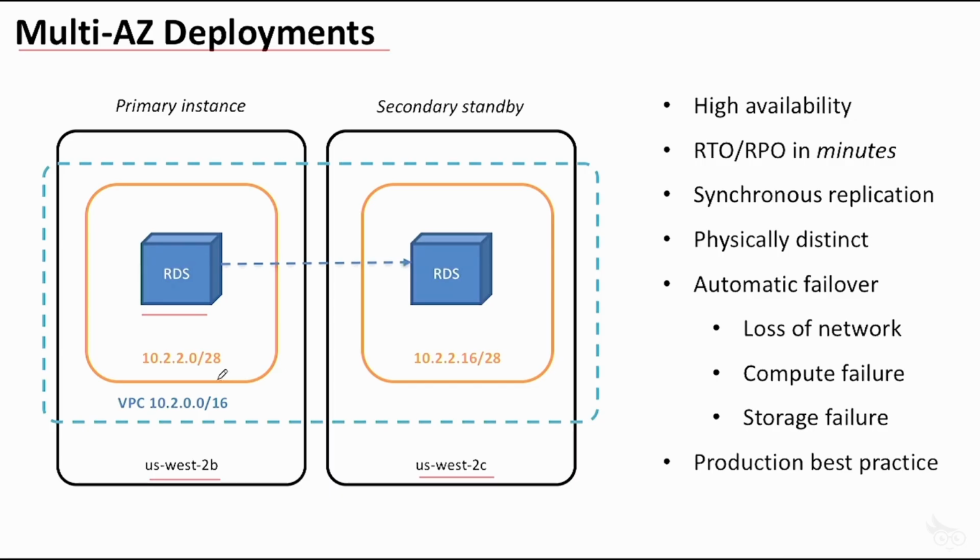So if the primary were to fail, for whatever reason, if the underlying physical hardware failed, if there was a network issue, if the availability zone itself were unreachable, then we could fail over to our secondary standby in a matter of minutes. And we do this via DNS.